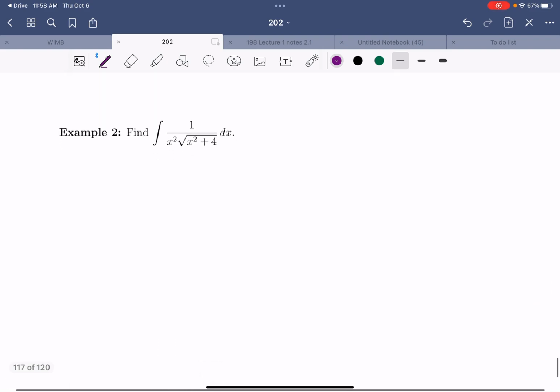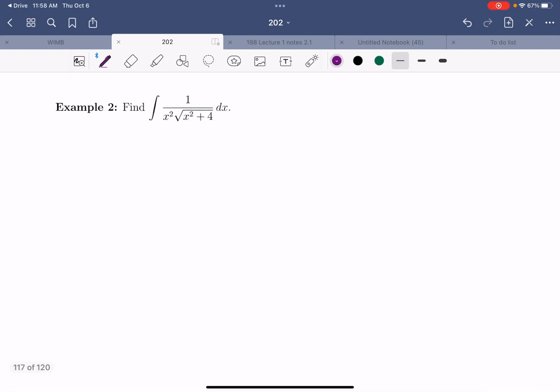All right, let's see another one. That one where you had a number minus an x squared, we used a sine substitution. When you have x squared plus something underneath your square root, we're going to use a tangent substitution. So you're going to let x equal 2 tangent theta here. And that way, when I go to sub, this is going to be the integral of 1 over x squared, which is 4 tangent squared theta, square root of 4 tangent squared theta plus 4.